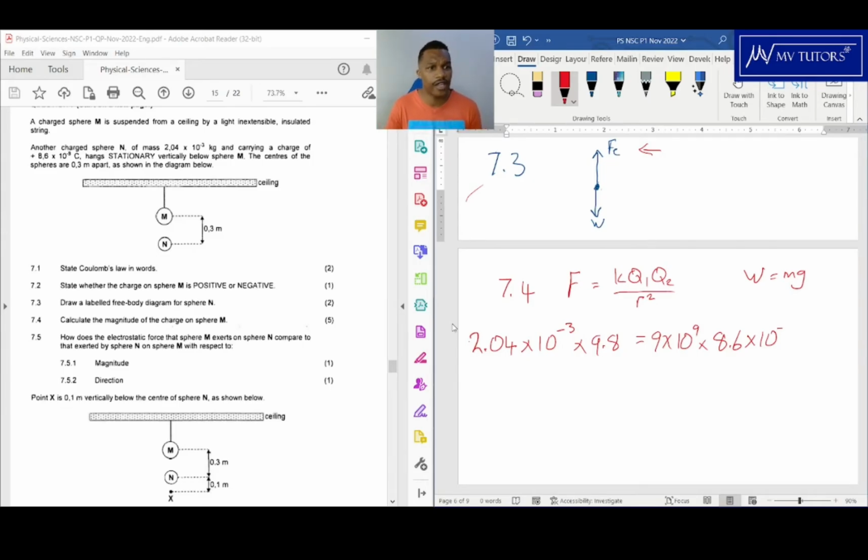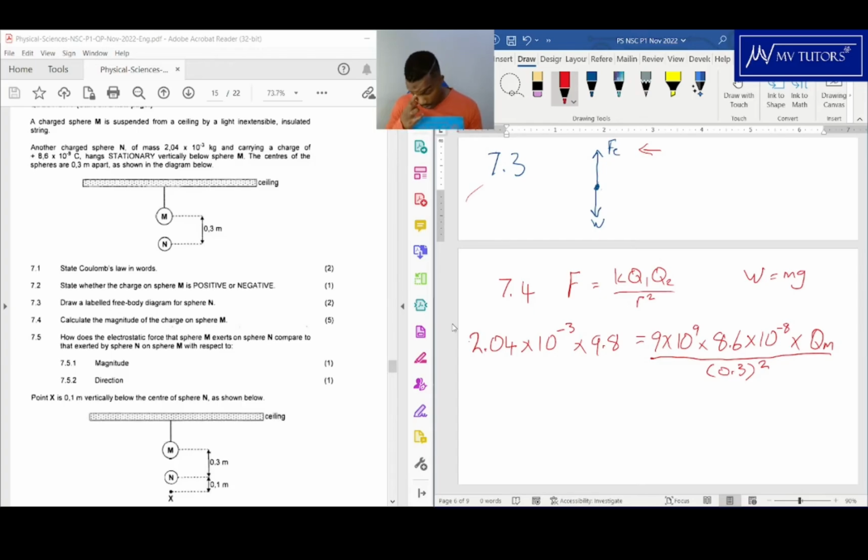It looks like an 8, so I'll put an 8, times now the qm. That's represented by q2. Now all of this is divided by the distance between them, which is 0.3, and it must be squared.